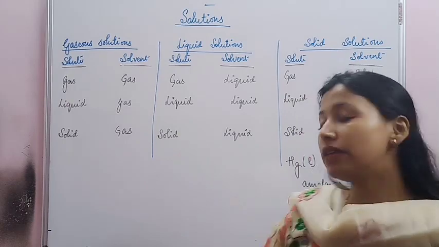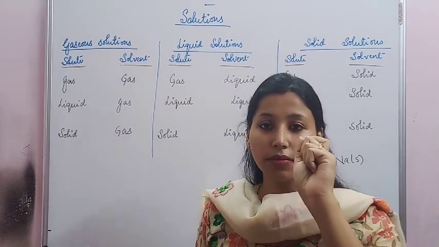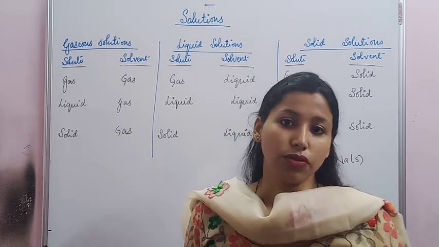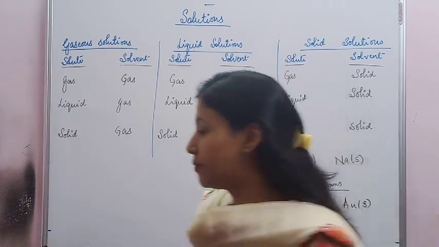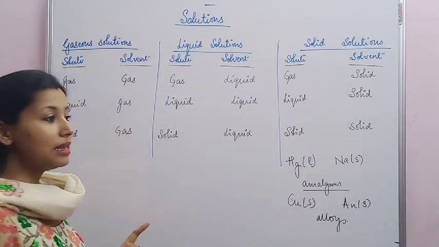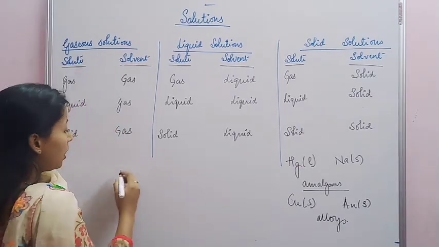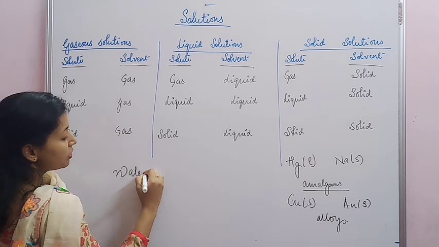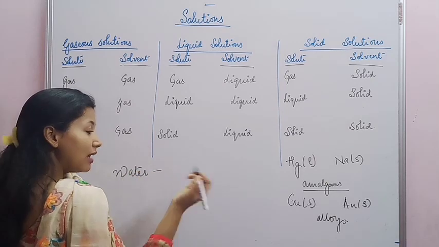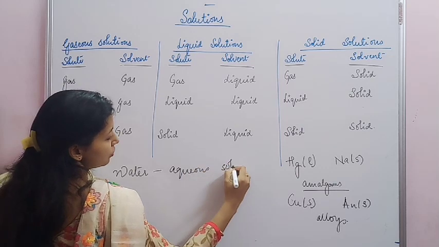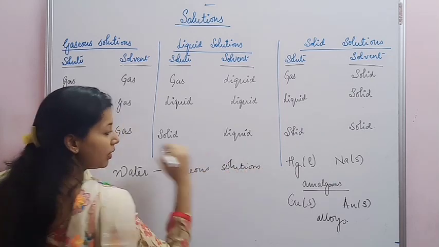Before we go to the next topic, I would like to give you a small piece of information: whenever we talk about solutions, you have to remember one thing. Solutions are made in a solvent. Now there are different types of solvents. When we choose water as a solvent, that kind of solution will be called an aqueous solution.